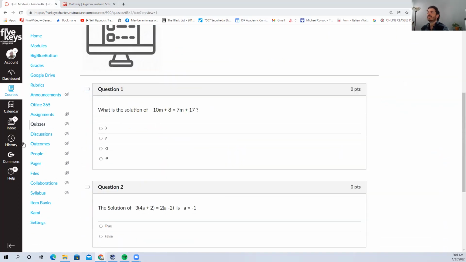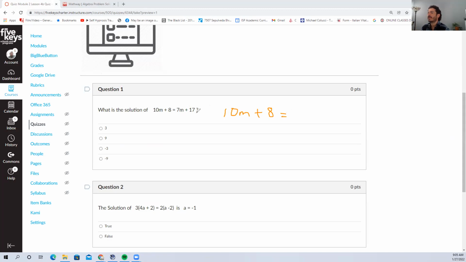So what is the solution of 10m plus 8 equals 7m plus 17? All right. Well, we learned in the worksheet that the first thing we want to do is to get the variable on one side of the equation. So how do we want to do this? Well, I'm going to recommend, and you can do it either way, that we start off by moving the 7m. So let's make this 7m side 0 and see how it affects the left side.